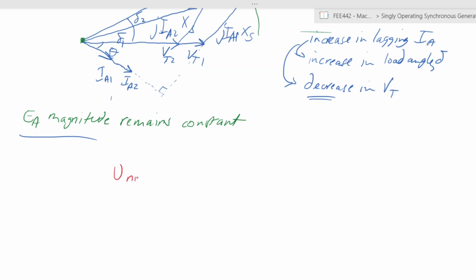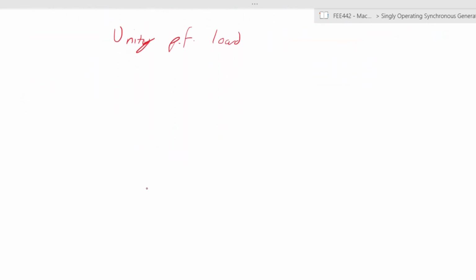Let's look at another scenario where we have a unity power factor load, right? So in this case, the power factor is 1. So you have your VT, same case.